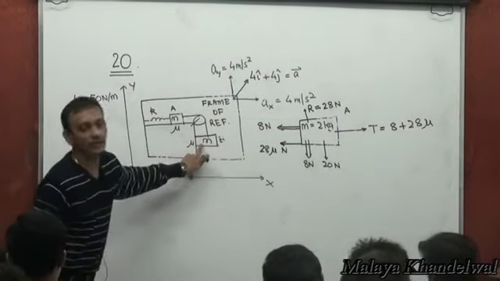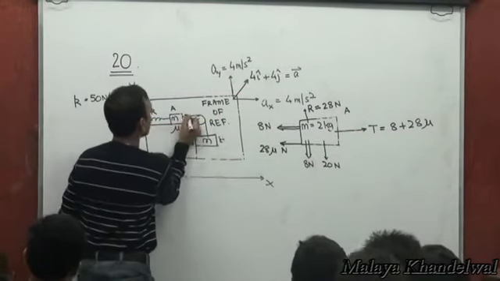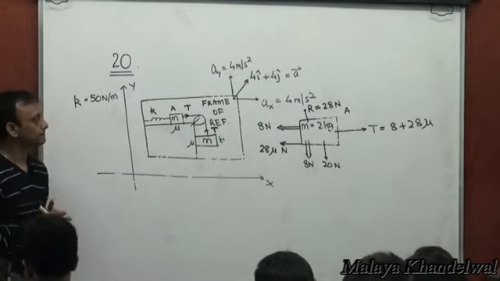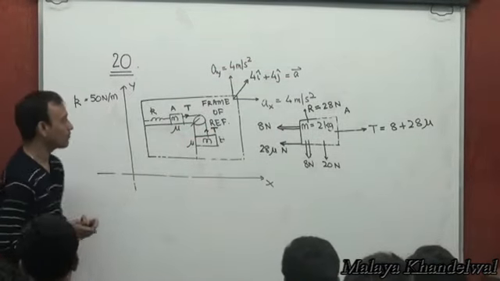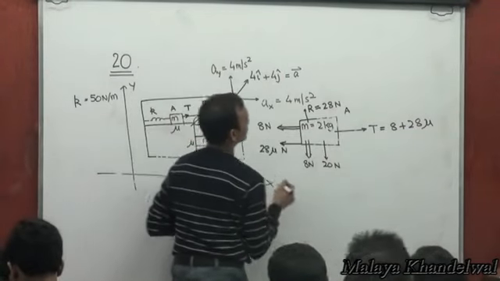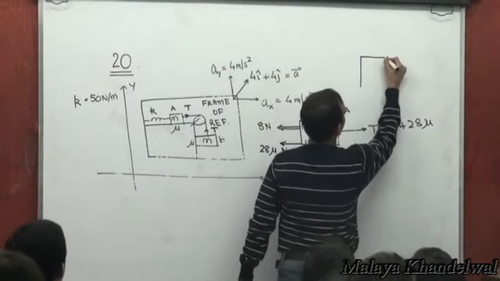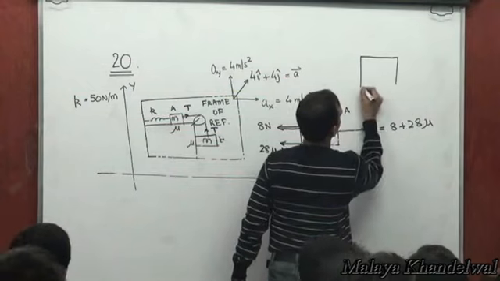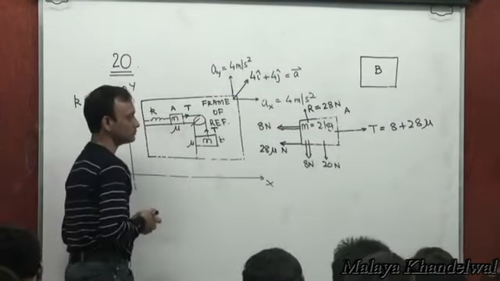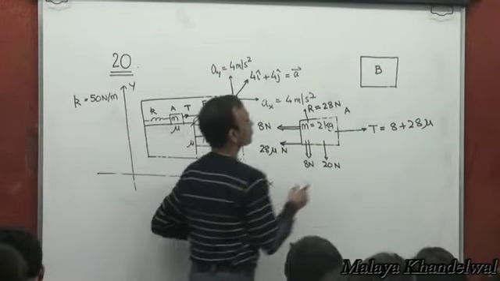Let's carry out a similar thing for this mass m. T, of course, you realize is the tension in the spring at this instant. For this block B, 20 newtons downwards, weight.